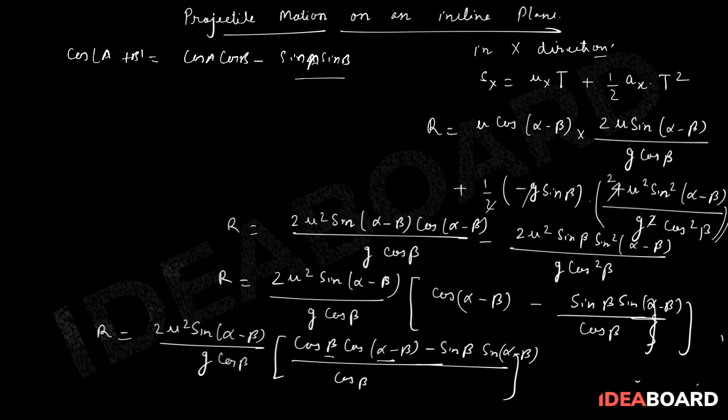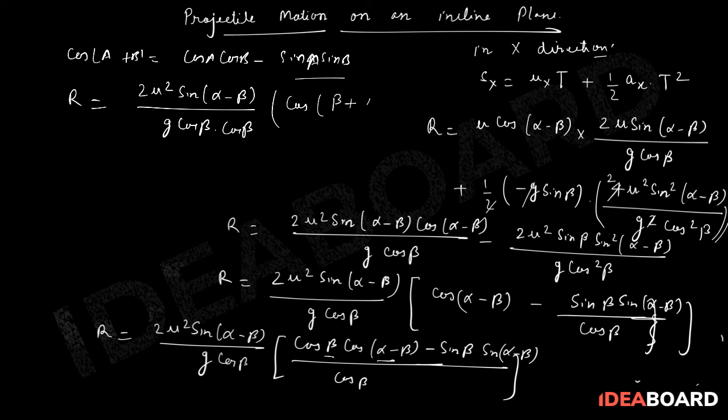That means this will be simply r. I can apply this formula. So 2u square sin(alpha minus beta) upon g cos beta, and of course there is another cos beta, so g into cos beta, and the inside term can be written as cos(beta plus alpha minus beta).